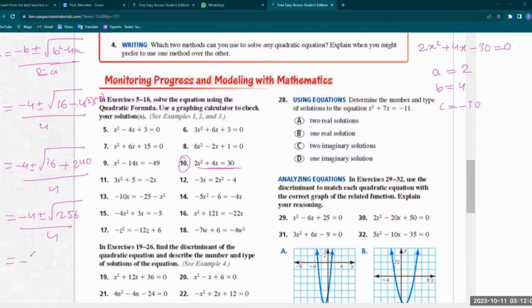So it is -4 plus or minus 16 over 4, which means this is equal to either -4 plus 16 over 4, or -4 minus 16 over 4. So here you will get 12 over 4, which is equal to 3, or here you will get -20 over 4, which is equal to -5.